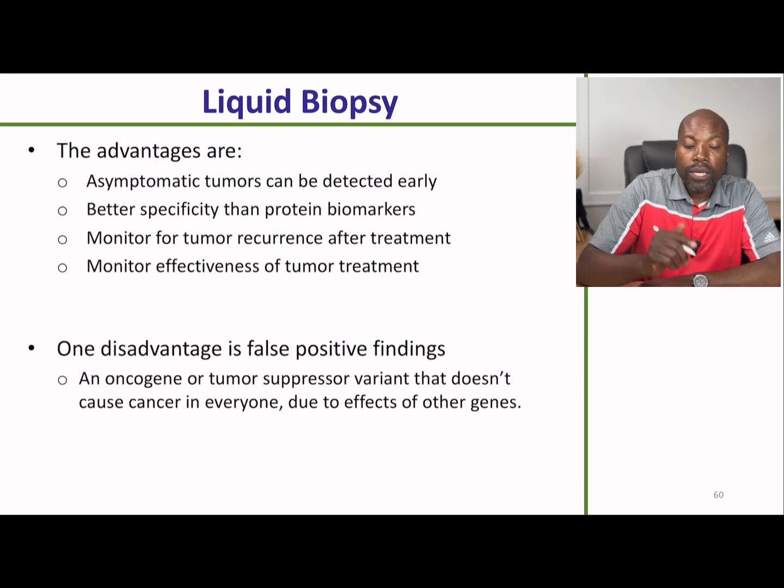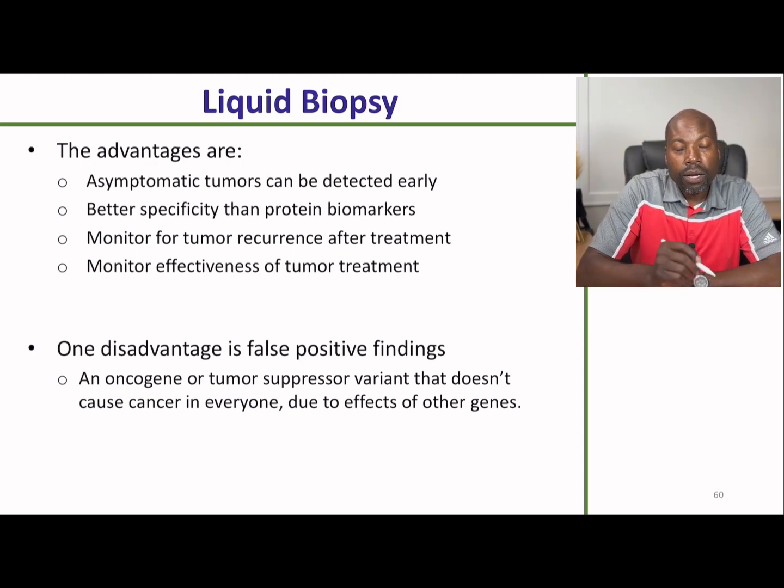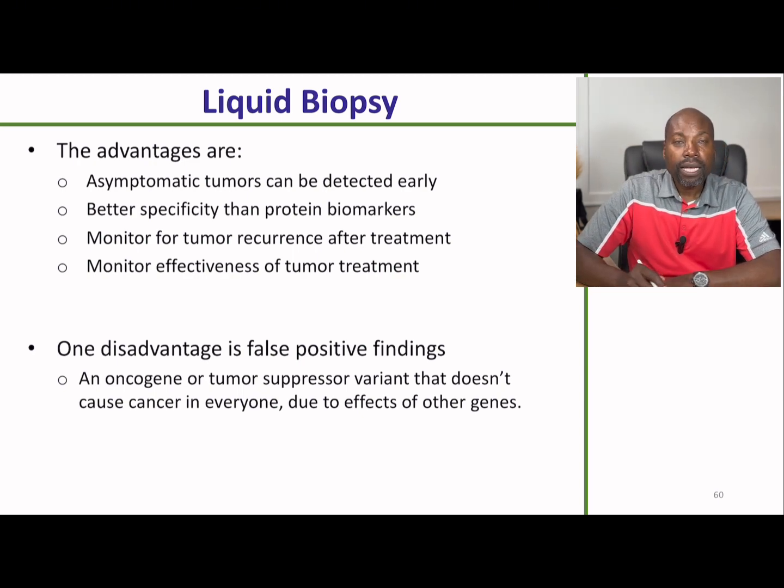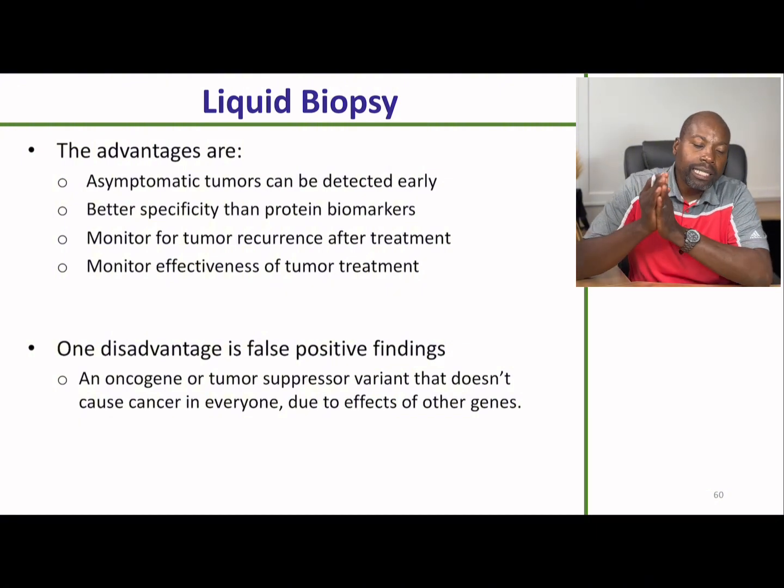Okay, so in terms of liquid biopsy, what are the advantages? Well, one of the major advantages is that we can actually detect tumors that are just starting, at the point where it is still asymptomatic, right? We can detect these tumors, okay?